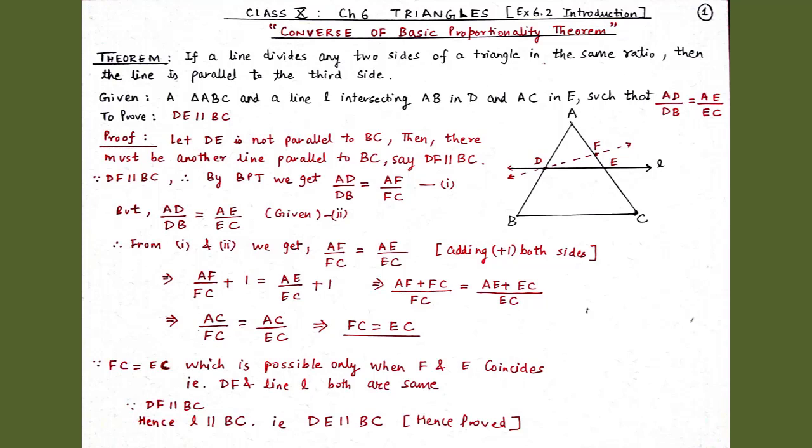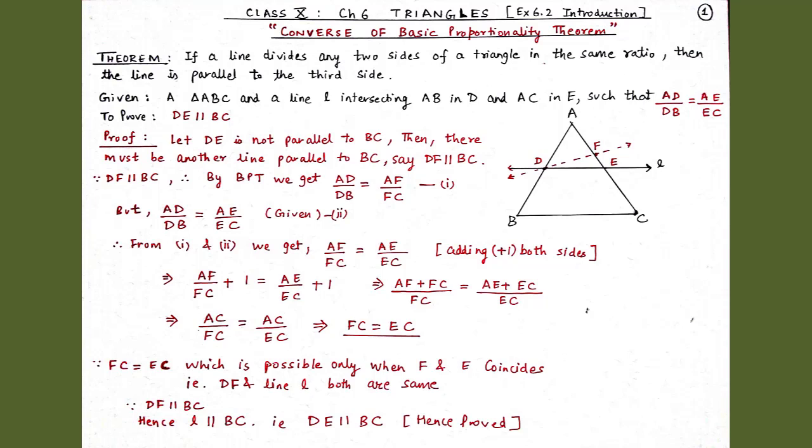So we will do the proof by the method of contradiction, where we will first assume that the line DE is not parallel to BC. So students, there must be some other line which is parallel to BC. Say, according to our figure, I have drawn a line DF which is parallel to BC.